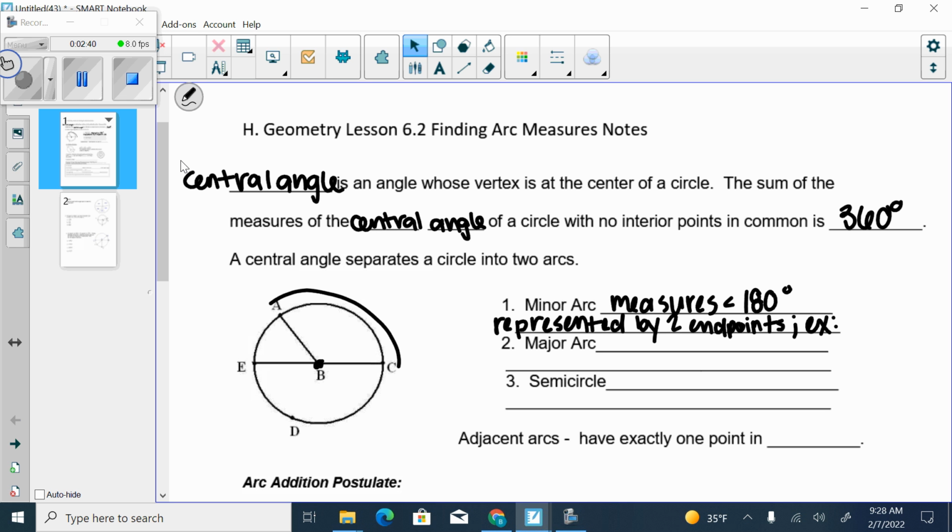If you were to name that arc, you would use the two points that you went from and to, so A and C, and you put a little arc above the letters. So when you're talking about a minor arc, you're just going to use the two letters that you started from and ended up at. Just like this.